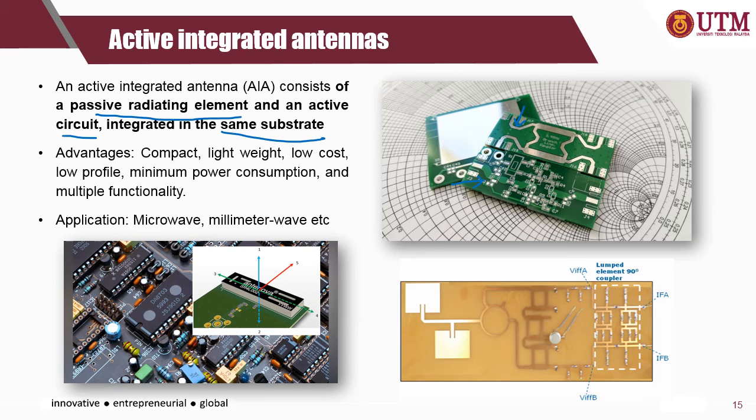The advantages of this type of antenna are compact, lightweight, low cost, low profile, minimum power consumption, and multiple functionalities can be achieved. And some examples of application are in microwave and millimeter wave frequency bands.